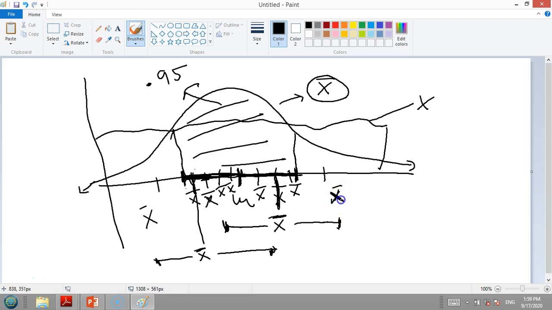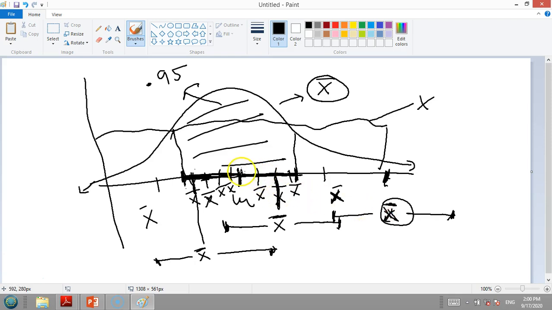But if I have an x bar here somewhere, that same length interval is not going to contain mu. But getting this x bar is kind of rare. It's only 5% of the time that I'll get an x bar that's very far away from mu. Most of the x bars that I will get will be very close to mu. If I get an x bar far away, it's only 5% of the time.